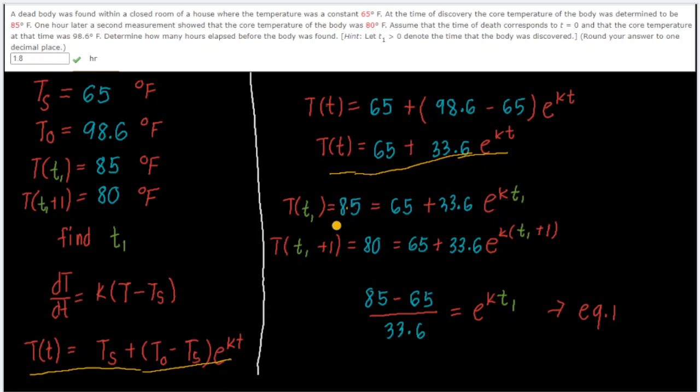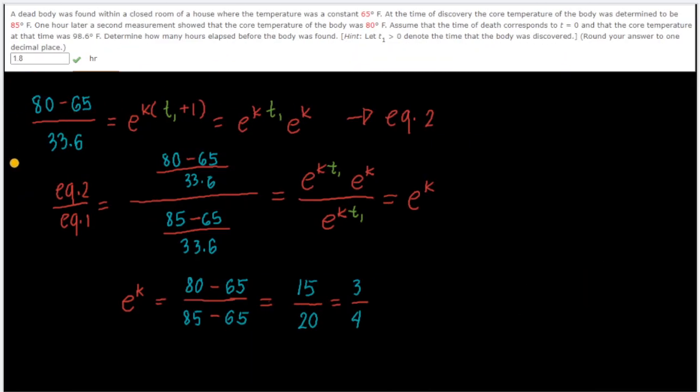Let's use the first one to find our equation 1. 85 minus 65 over 33.6 is equal to e to the k t1. This is our equation 1. And let's use the second to find our equation 2.